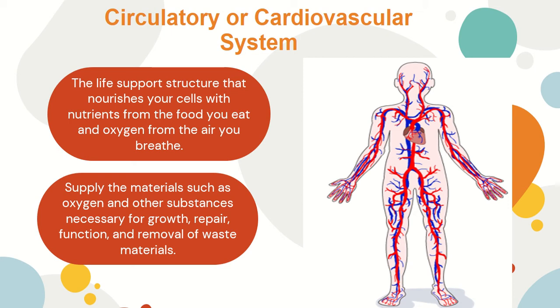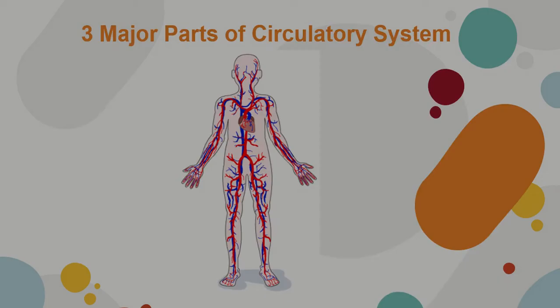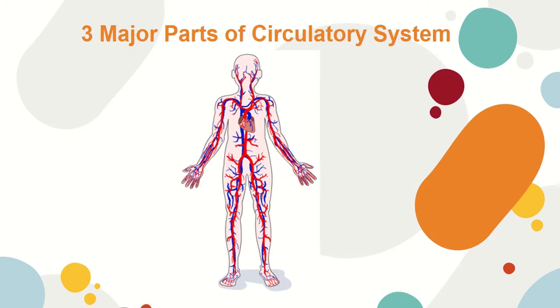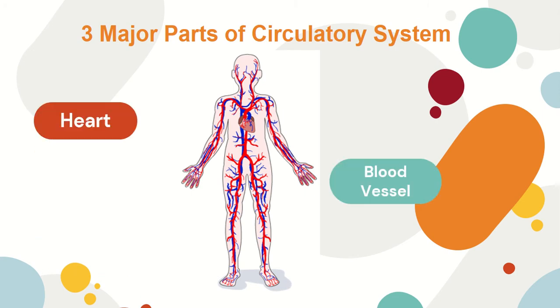Also, it supplies the materials such as oxygen and other substances necessary for growth, repair, function, and removal of waste materials. We have three major parts of the circulatory system: the heart, the blood vessels, and the blood.